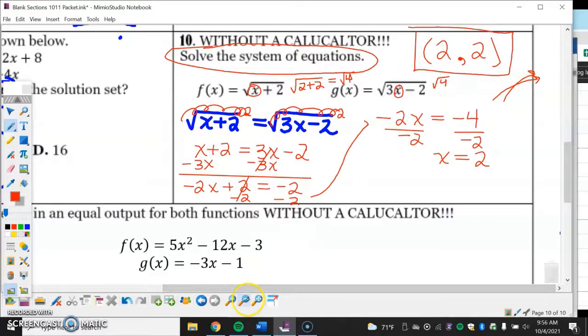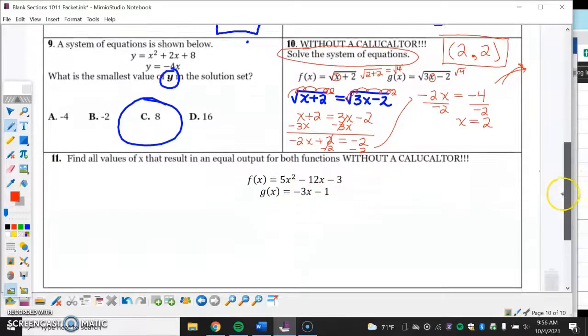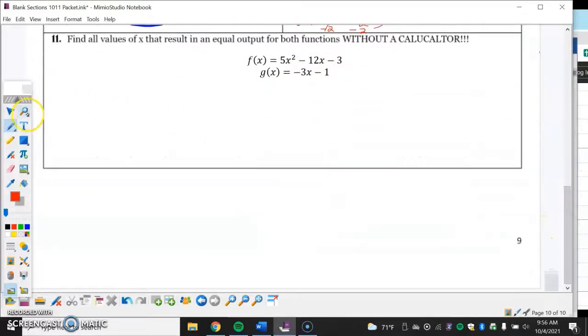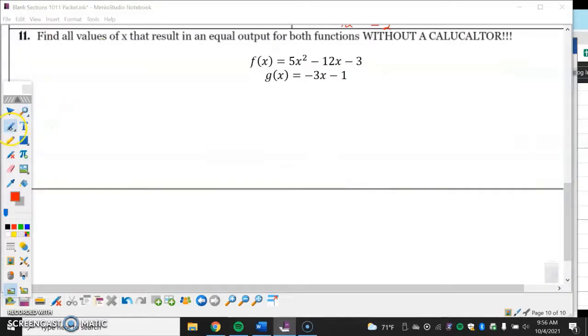the point 2, 2. Let's see if we can find where these two would intersect, which is a quadratic and a linear function. We do this by setting our equations equal to each other. So what do I get if I set these equations equal to each other? That would be 5x squared minus 12x minus 3.